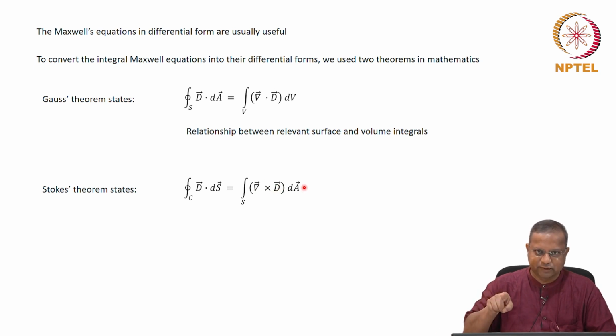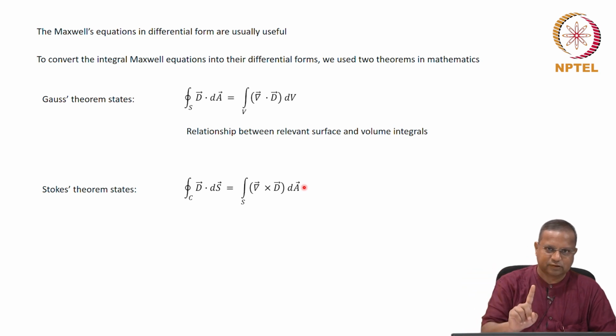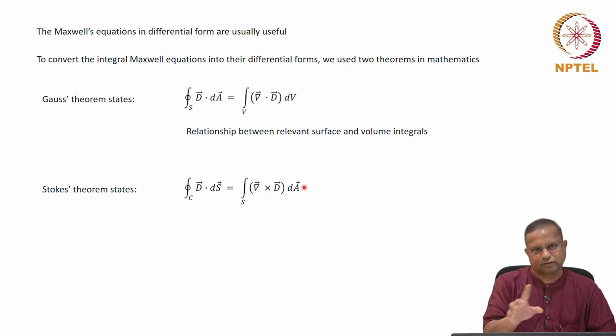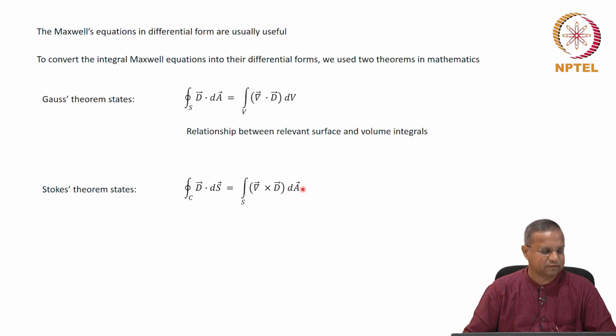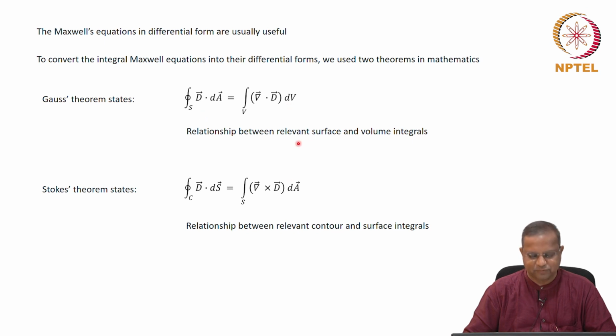Note that ds is a vector along the contour, and dA is a vector perpendicular to the surface. This we have seen in the previous class. So this is the relationship between the relevant contour and surface integrals. Why do we need these two things? Because our Maxwell's equations are full of these integrals, and we need to convert them. You'll see how it is done.